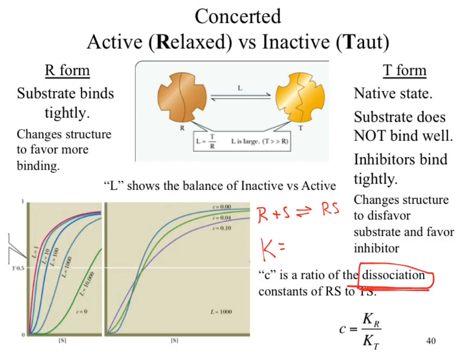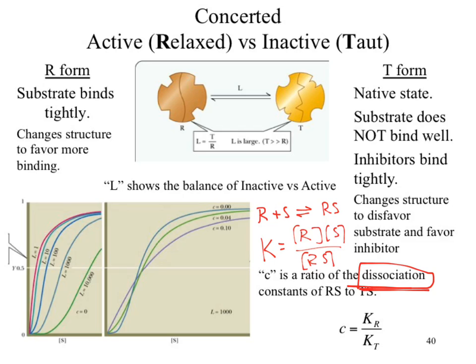It can go both ways, depending on our perspective. So this is where we have to be careful on what we're looking at with this K value. The K value in this case is the dissociation constant. It's referencing the dissociation, so your product is R and S over your RS. Same thing applies to your taut conformation.